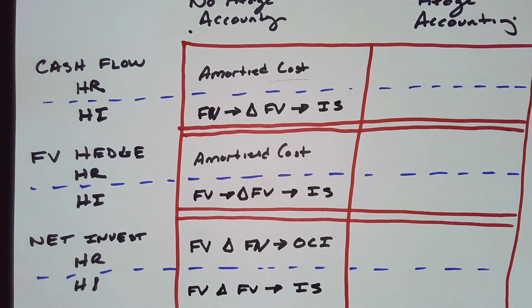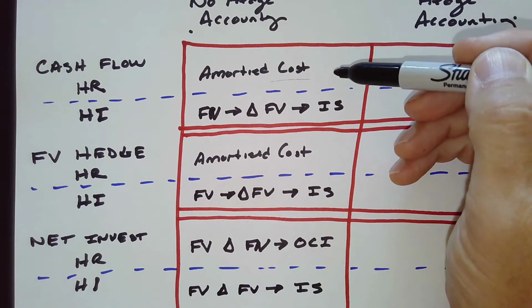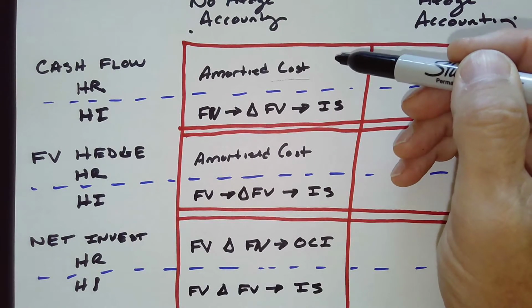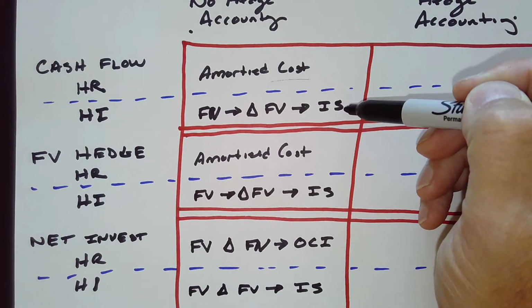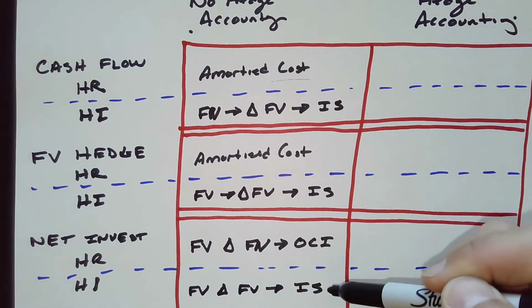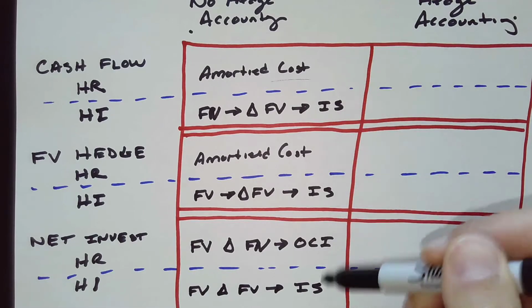Okay, so this is the accounting. So here I've got the hedged risk at amortized cost. I'm trying to mitigate the risk, but I still end up having an earnings hit across all three of these, even though I'm doing the right thing.